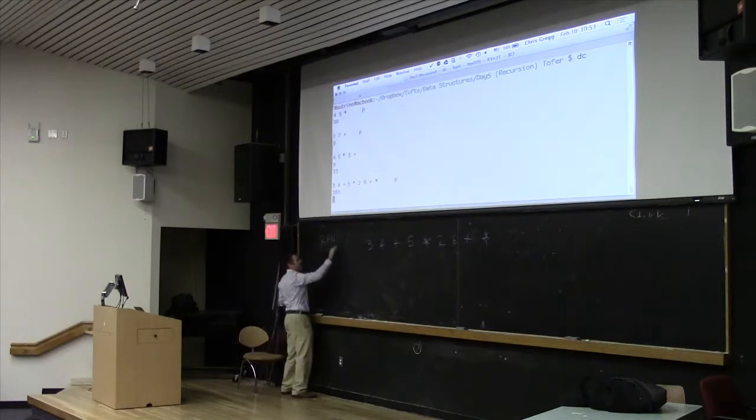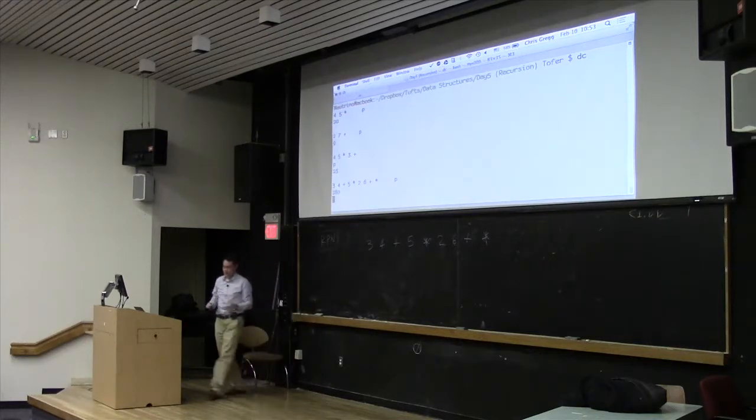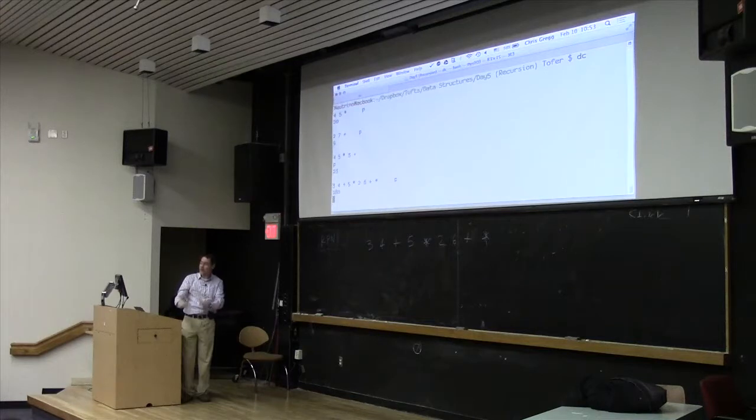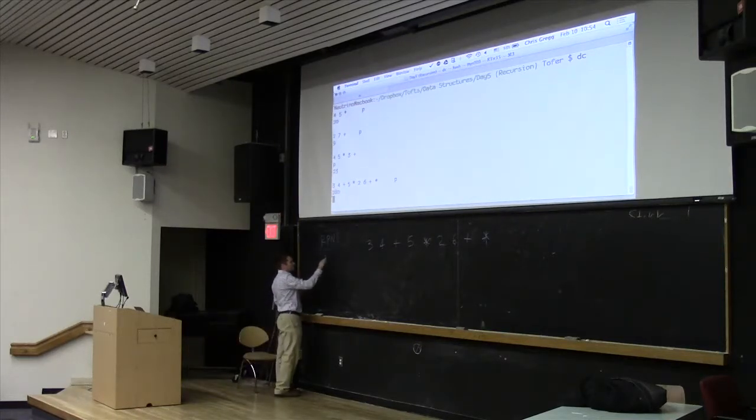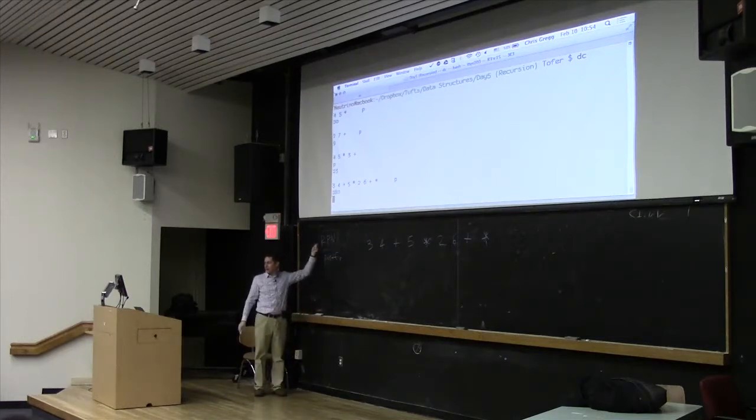A lot of times you could buy calculators like this. Some of the original desktop calculators that you could buy used this type of mathematics to do the calculation. So you had to know this format. It's called RPN or postfix notation. Has anybody ever heard of an RPN calculator?